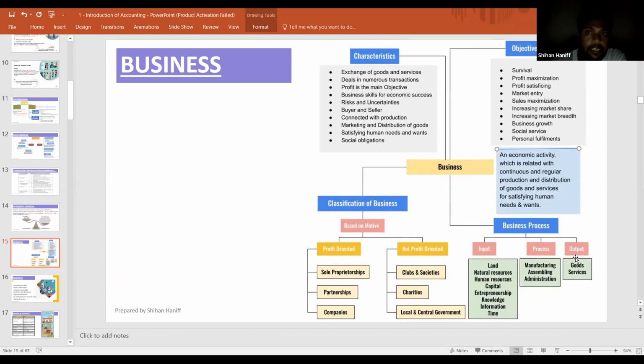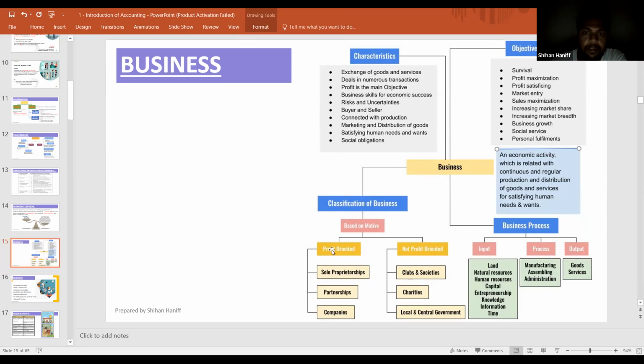So there can be a question: what is the output of a business? Earlier we studied the input of accounting and output of accounting, right? Most of the students get confused with these two. Input of accounting, output of accounting, input of business and output of business. Okay, so you need to clearly understand these.